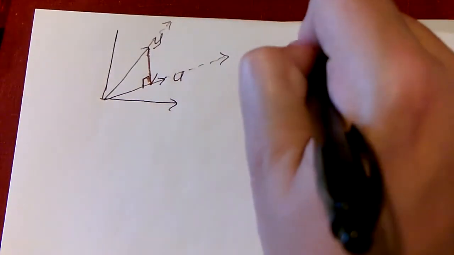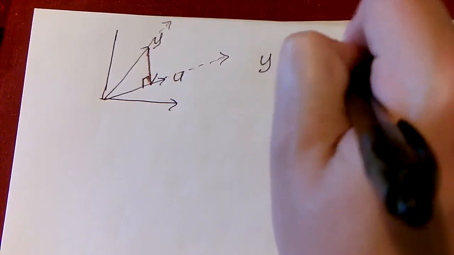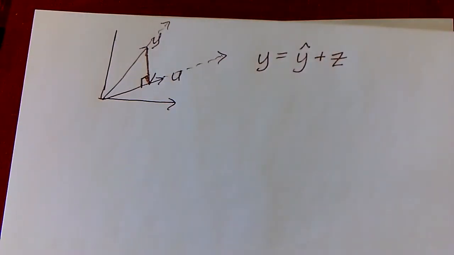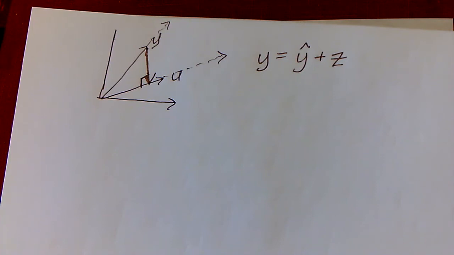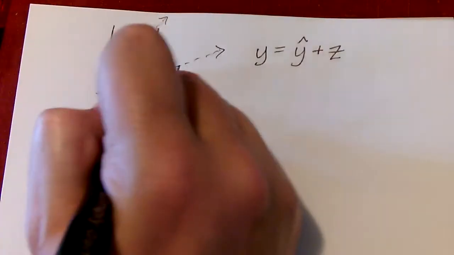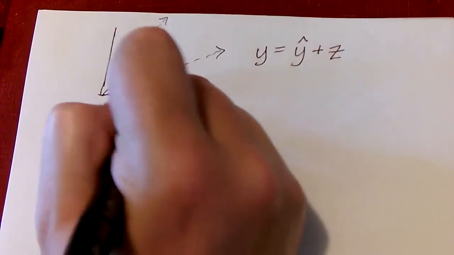Okay, so the idea here is that I can take a vector y and turn it into 2 vectors, y perp or y hat. So that little caret symbol, hat, y hat is how we would usually say that, plus a vector that we will call z. Okay, and your observation should be that y hat and z are going to be orthogonal, because y hat is going to be this piece where I've projected it.